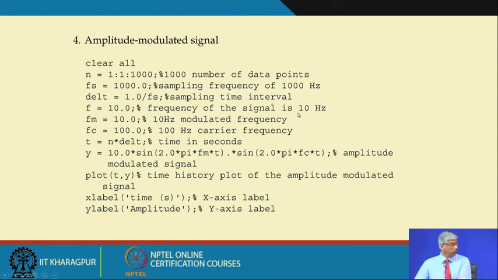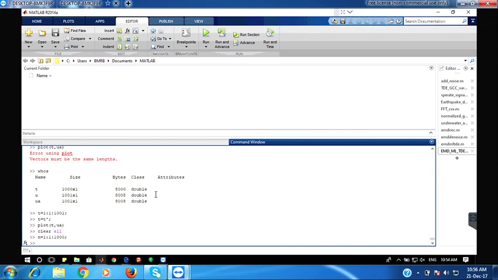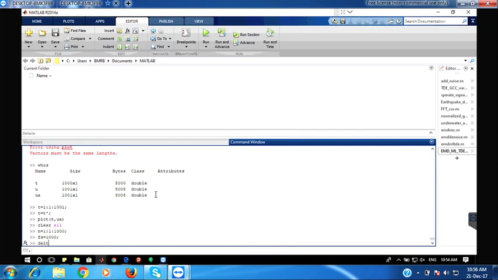So quickly, if I copy whatever is given here, n is equal to 1 to 1000, Fs is equal to 1000, delta t is nothing but 1.0 by Fs. f is equal to 10.0, the modulated frequency.